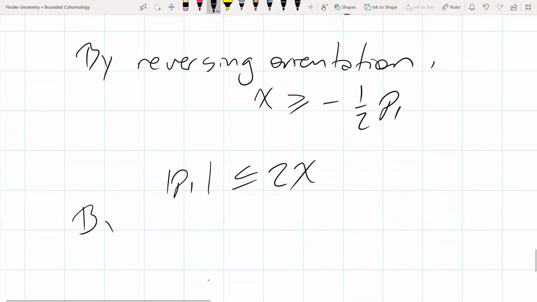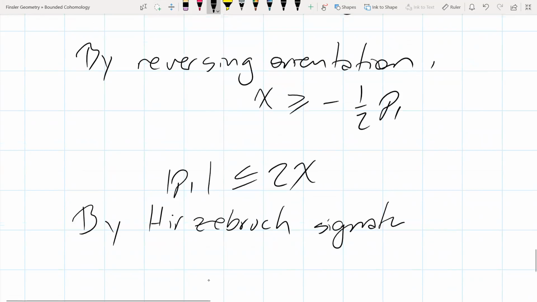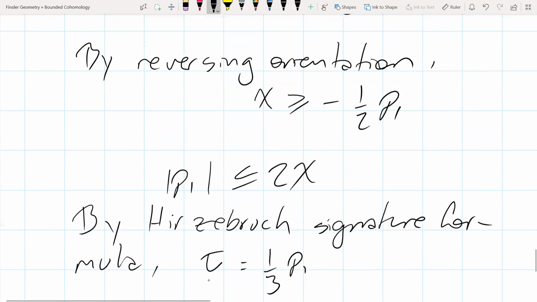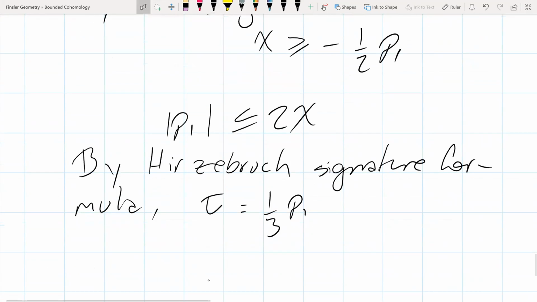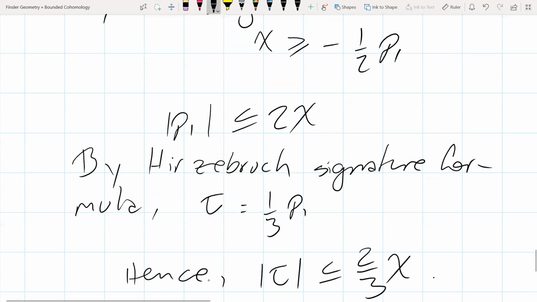Now finally, by the signature formula, we know that the signature is going to be 1/3 of the first Pontryagin class. And so we have the inequality: 1/3 the absolute value of the signature is less or equal than 2/3 of the Euler characteristic.